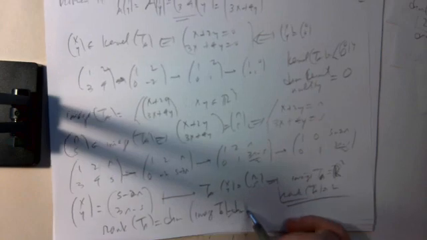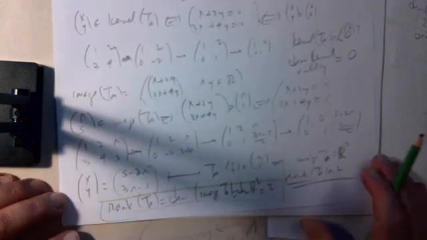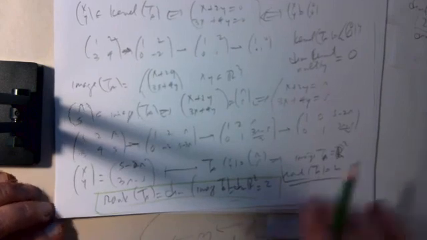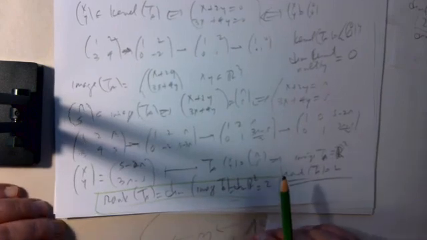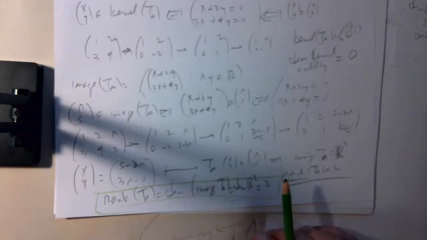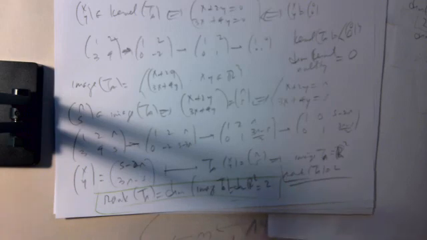But the image is all of R2, and the dimension of R2 is 2. Okay, thank you. I mean, there's a different definition of the rank of a matrix, but it turns out if you interpret a matrix as a linear transformation, then it's always exactly the same number.